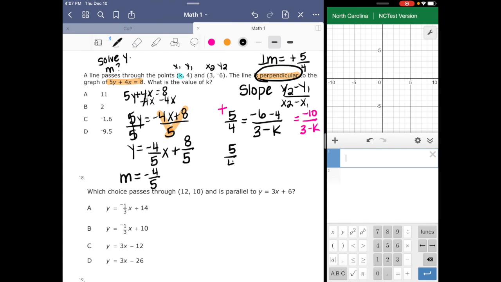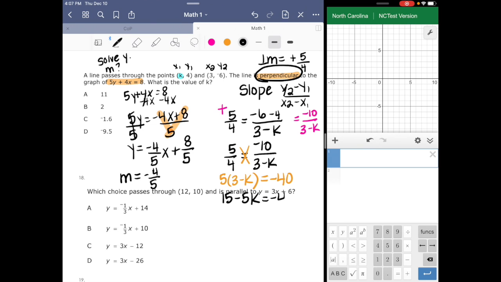All right, so this is going to be 5 over 4 now equals negative 10 over 3 minus k. And I can cross multiply here. So when I cross multiply, this is going to be 5 times 3 minus k equals negative 40. And I'm just going to solve it out.